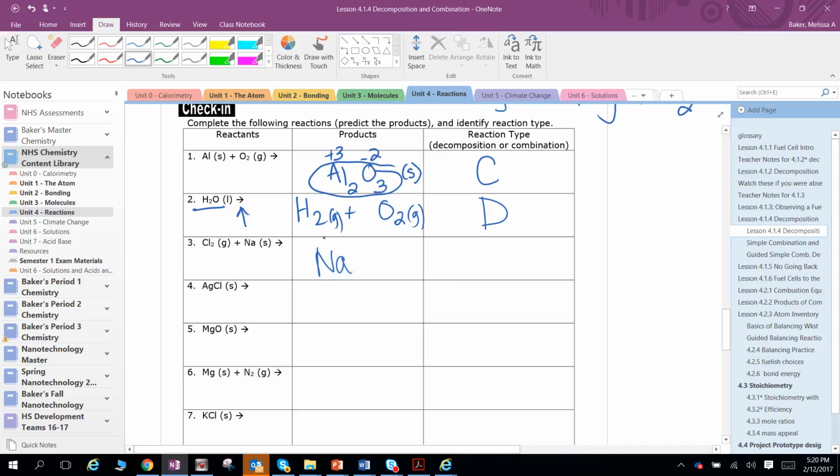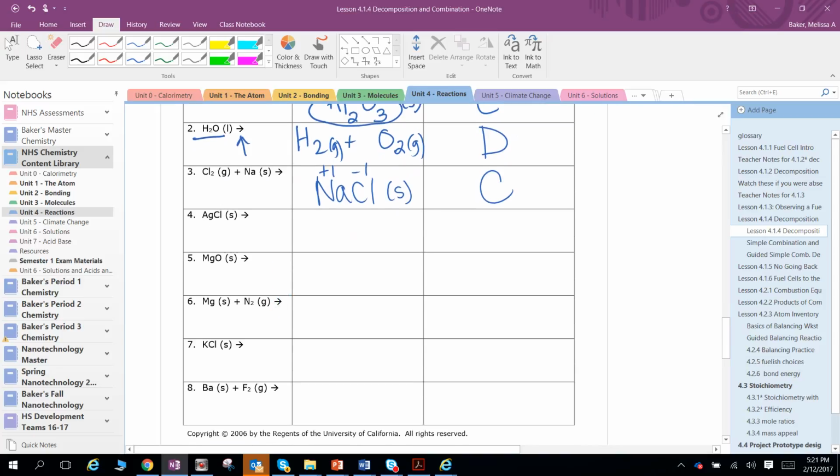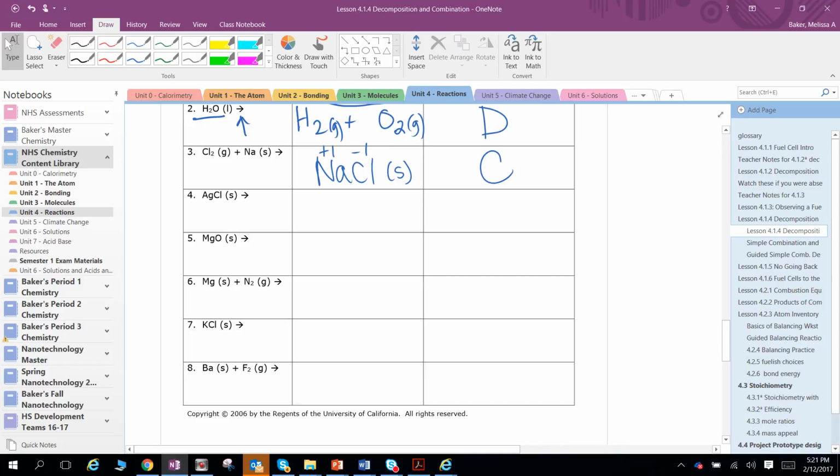Na and Cl2, since this is a new relationship, you have to check the charges, and we do not need that 2 anymore next to the chlorine. So it's just NaCl. Again, because it's an ionic compound, we can assume that that's a solid. And that is two things coming together, so that would be combination.